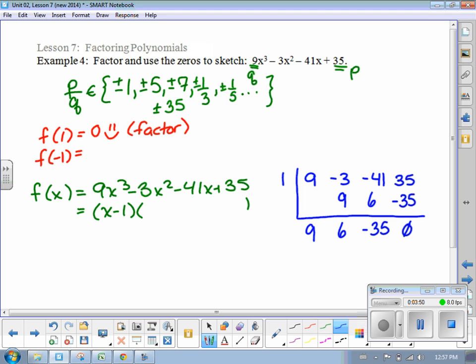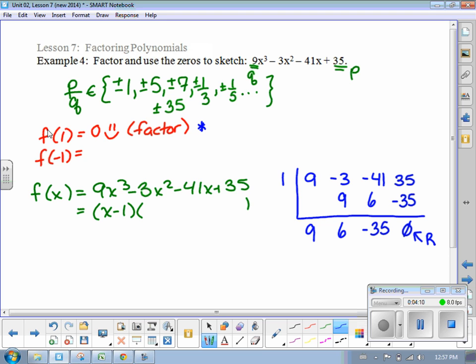When you do the synthetic division step, this is a very nice part of the process. If you made a mistake here and were wrong, that it doesn't actually equal 0, that would be immediately evident when you did synthetic division because you wouldn't get 0 as the remainder.